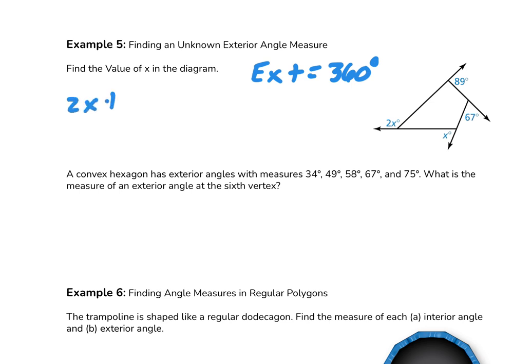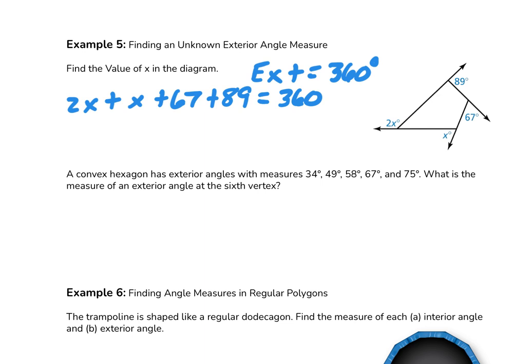And it really doesn't matter what you start with, but I'm just going to write all these down. 2x plus x plus 67 plus 89 equals 360.